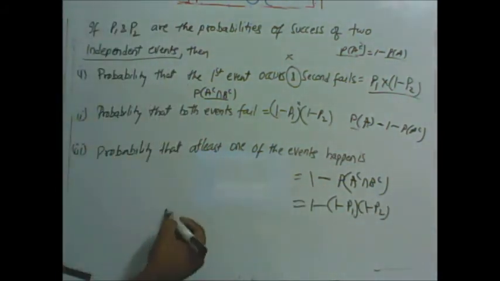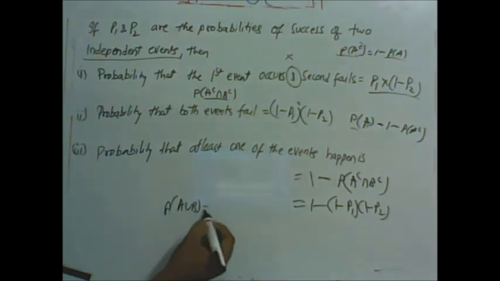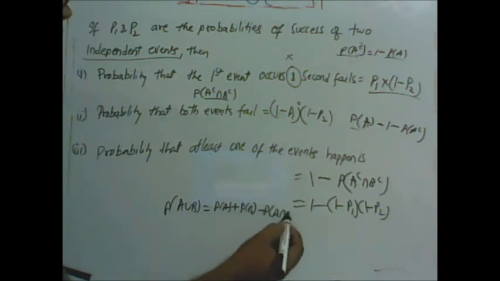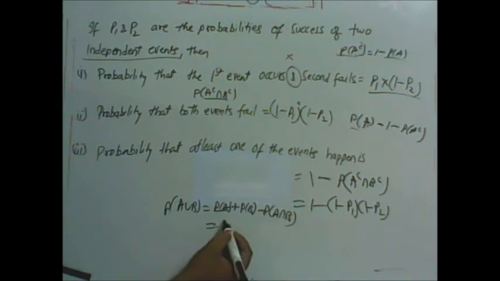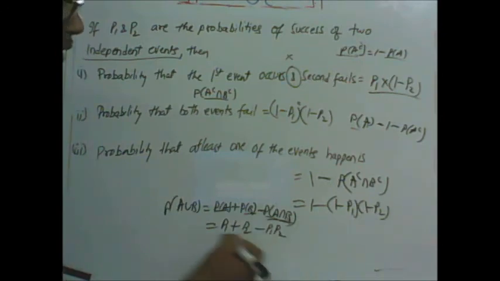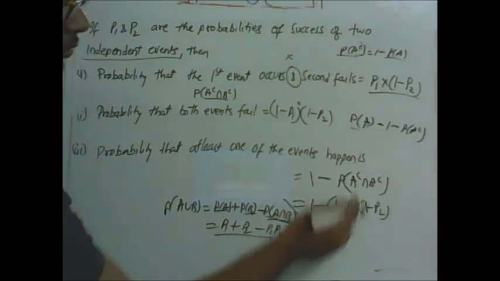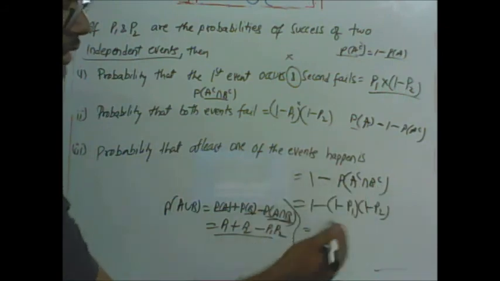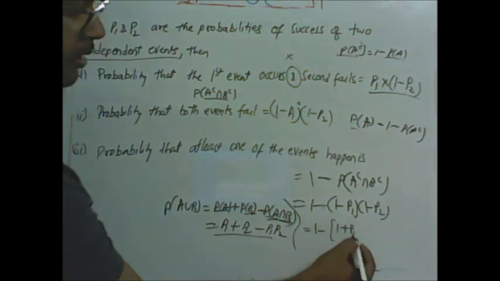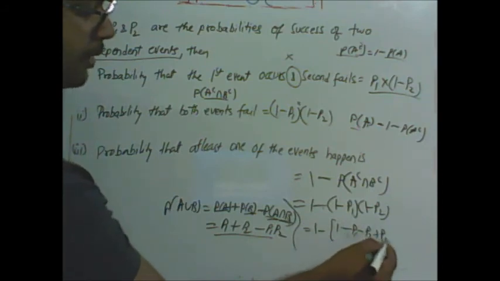In another way, as I told earlier, P of A union B equals P of A plus P of B minus P of A intersection B. For the first event it is P1, plus for the second event P2. For both events, as they are independent, P of A intersection B will be P of A into P of B, meaning P1 into P2. So this is the answer. If we expand the direct formula, we will get the same thing: 1 minus of (1 minus P1 minus P2 plus P1 P2).